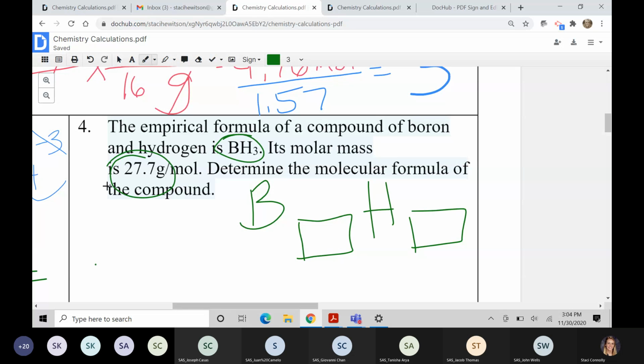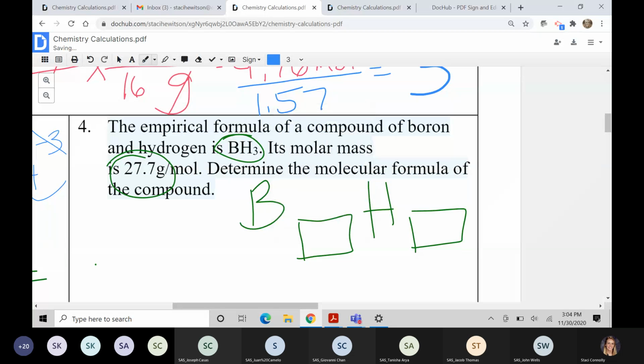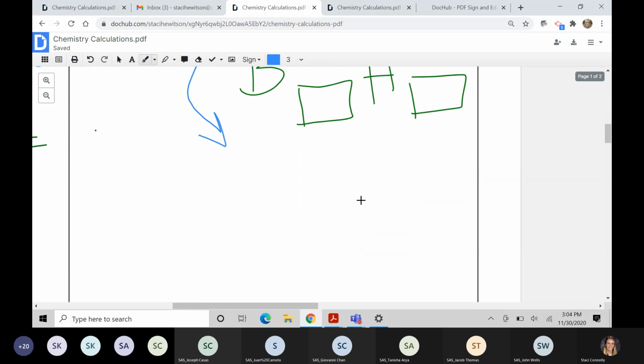So what we need to do is divide this by the molar mass of our empirical formula. So let's figure out the molar mass of BH3. Calculate the molar mass of that by looking at our periodic table.